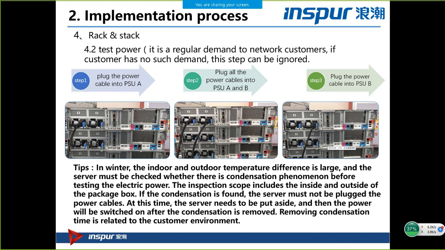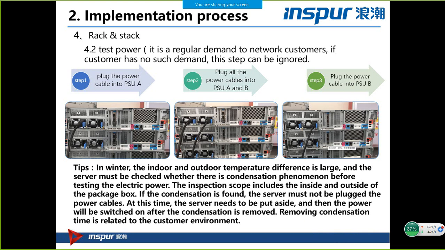And there is a situation, for example in the winter, when the indoor and outdoor temperatures are quite different. So you need to confirm before the servers are tested with electronic power. The inspection scope includes the inside and outside of the package.